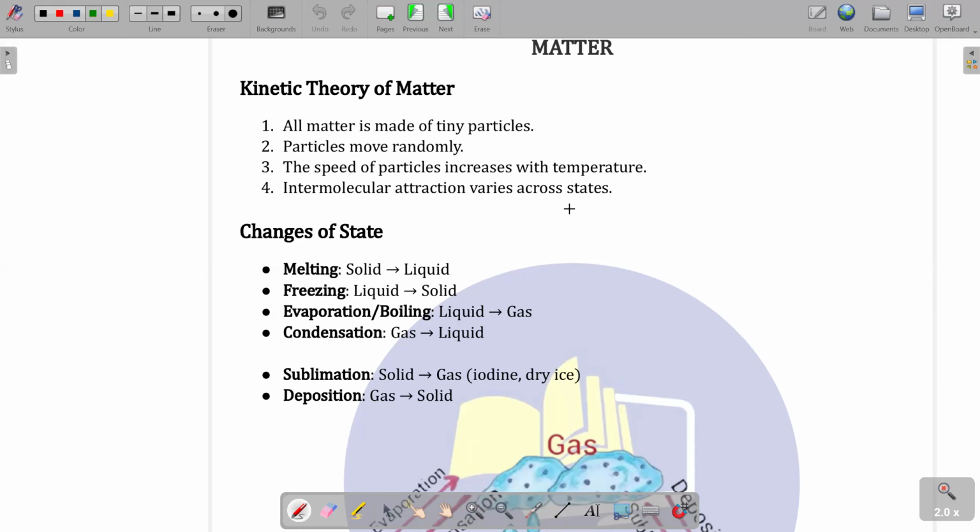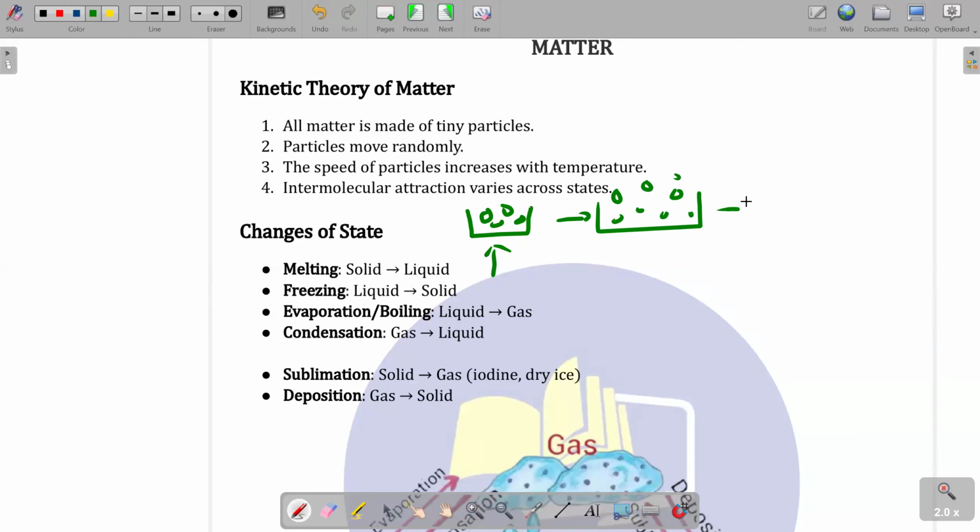And the intermolecular force of attraction varies across states. Intermolecular force of attraction in solids is highest, as we have discussed, and it is lowest in gases. That's point number 3 that we said. When temperature increases, for example, when you heat up a solid, let's say an ice block inside a container, there's a chance the intermolecular force of attraction can break, which will further space the particle arrangement.